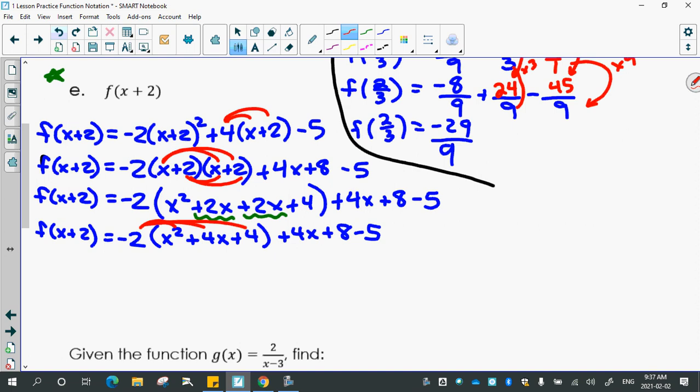And once you've done that, then you want to look and see if you've got like terms, which you should. So it's going to be -2x squared minus 8x minus 8 plus 4x plus 8 minus 5.